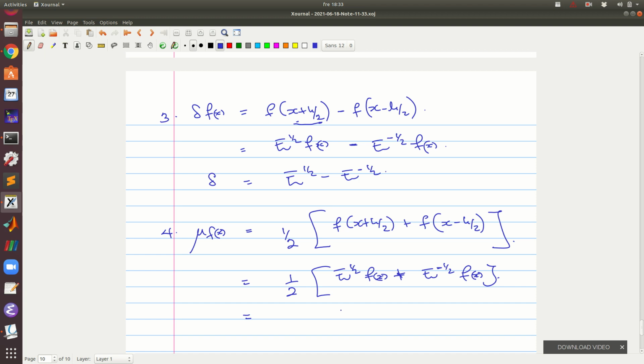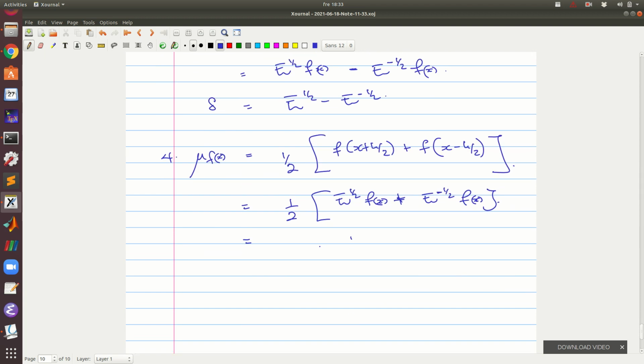So what do we get here? We can deduce that the average operator is given by 1/2 of E to the 1/2 plus E to the minus 1/2.